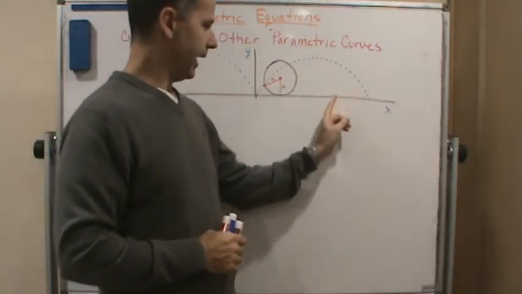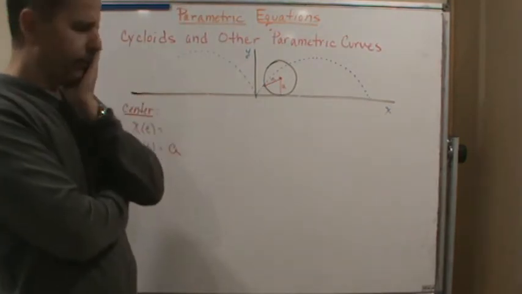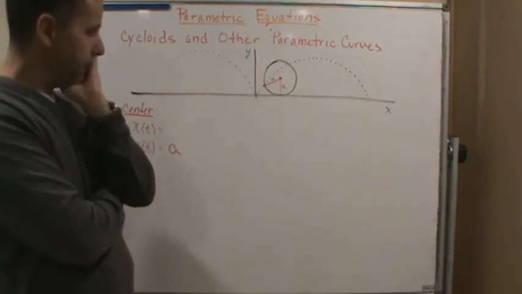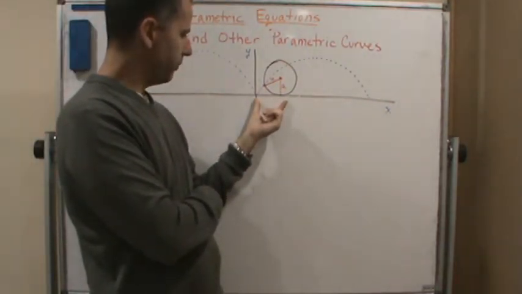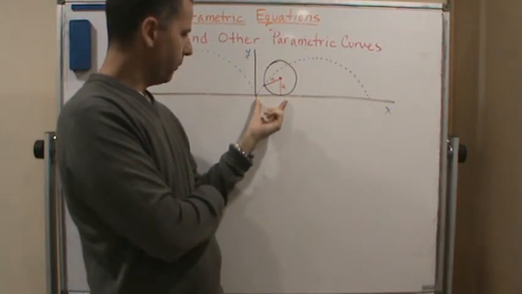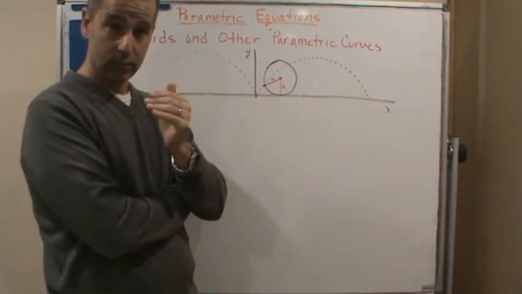So for every t, this is going to increase by a multiple of the radius.